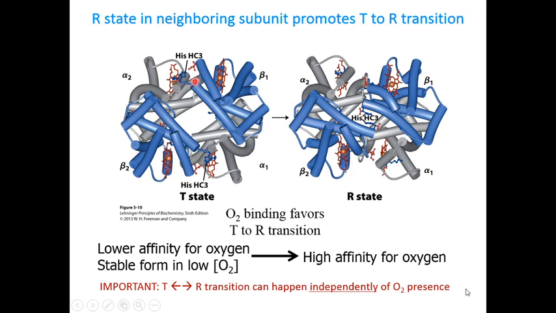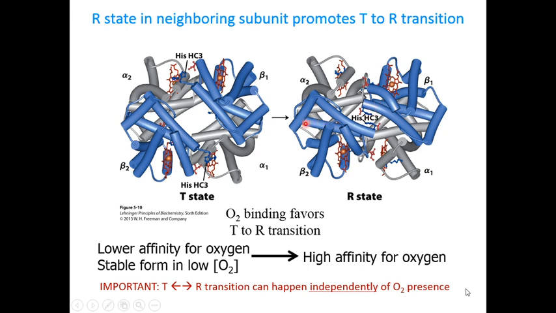Now these two are both from the same subunit. Now as the T state goes to R state, there is a rotation as these two subunits slide past each other, and this histidine now has come here. So that's the histidine HC3 has come here, and this has resulted in breaking of electrostatic interactions.